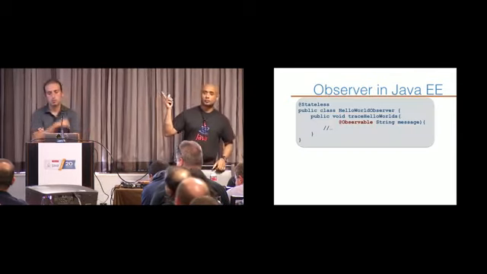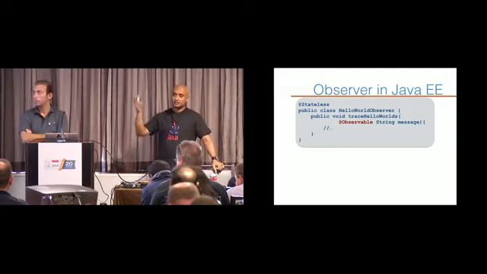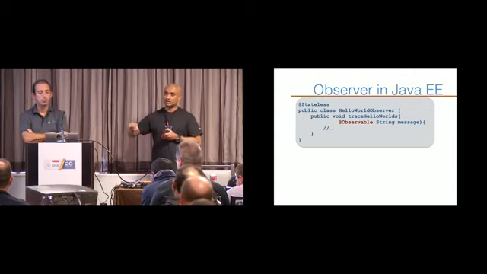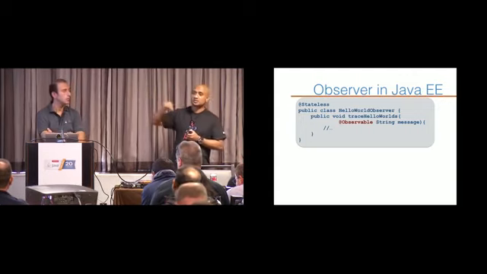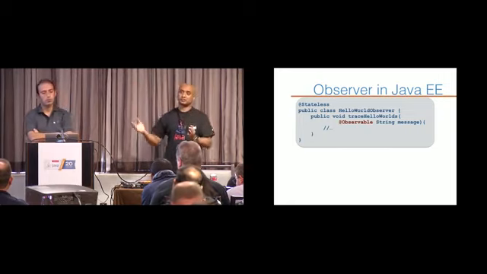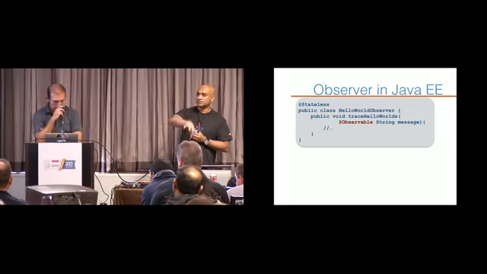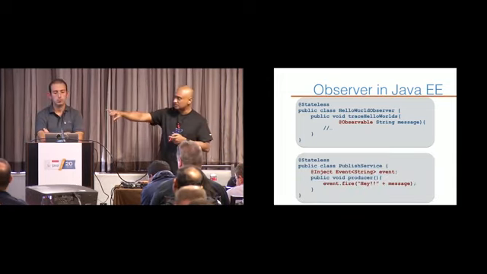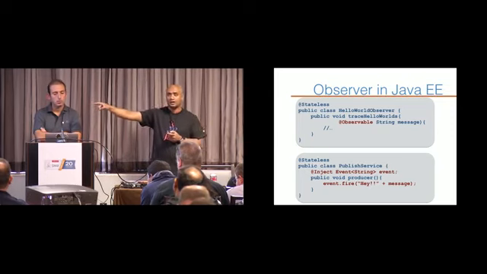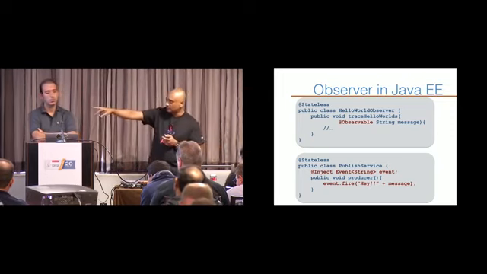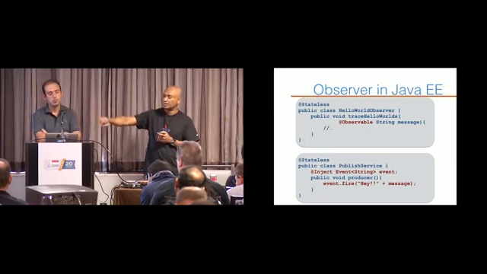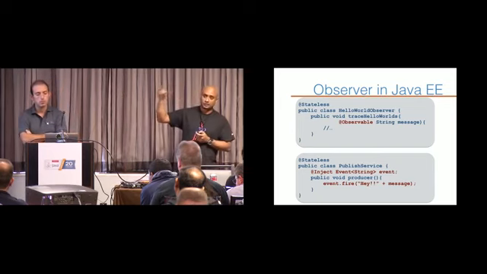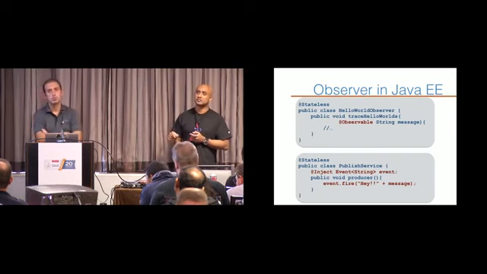You can most certainly have qualifiers, just like pretty much anything else that you saw. You can say, observe a string message with the qualifier such and such. You could use @Named, a built-in qualifier, or create your own custom qualifier. Then when you are firing this, you have two options. You can statically provide the qualifiers right at the event injection point, or you can specify them when you say event.fire. You can attach qualifiers there.